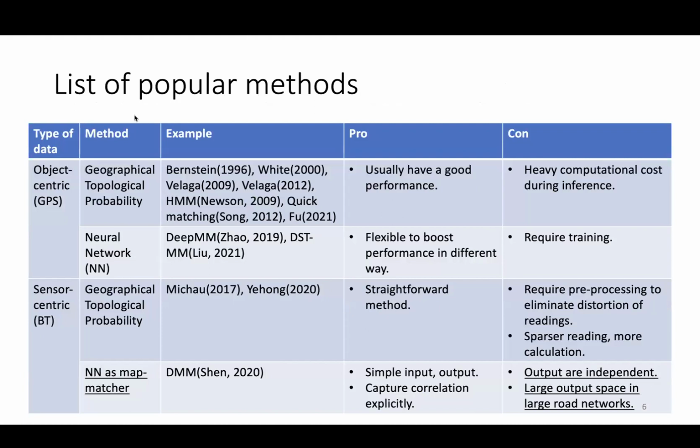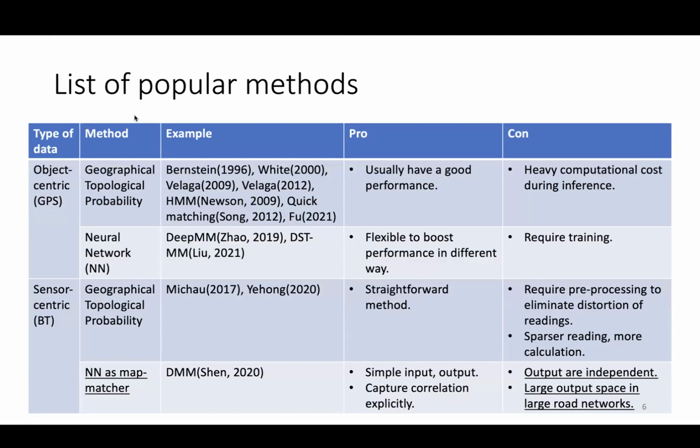Here are some popular methods for GPS and Bluetooth. Traditional methods, including geographic, topologic, and probability-based, can usually achieve good performance, but they are very time-consuming. Also, when applying those onto Bluetooth trajectories, preprocessing is needed to eliminate distortion of readings.